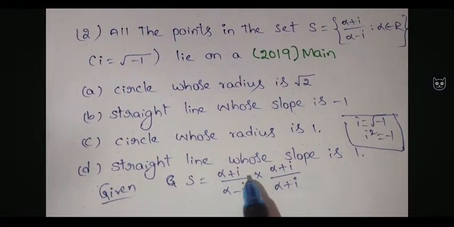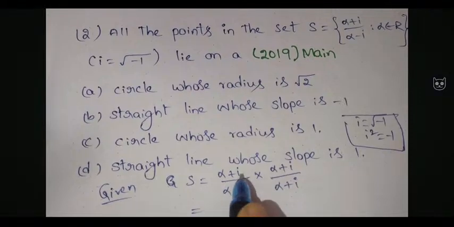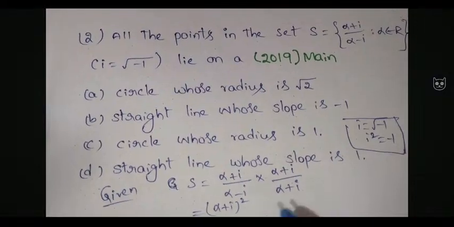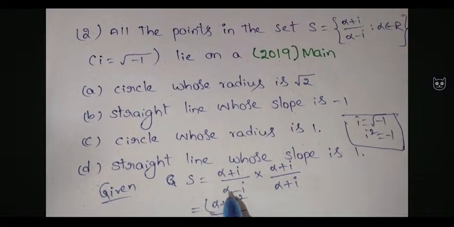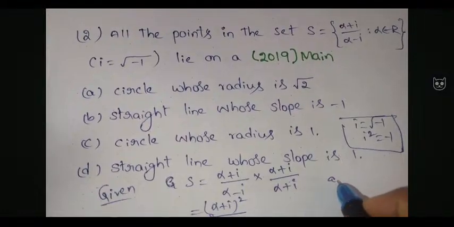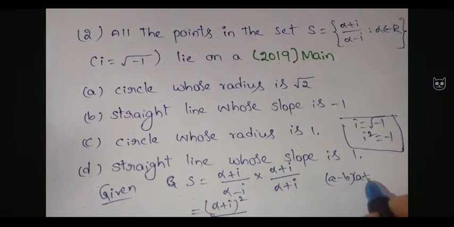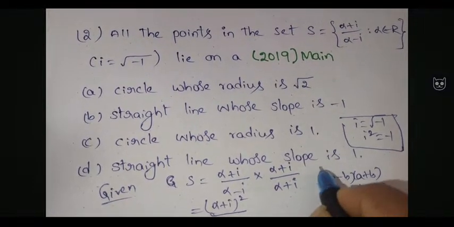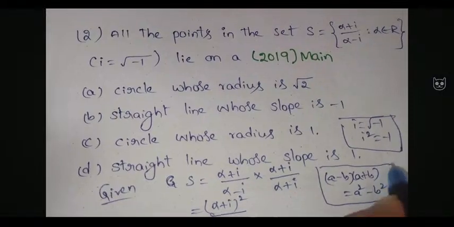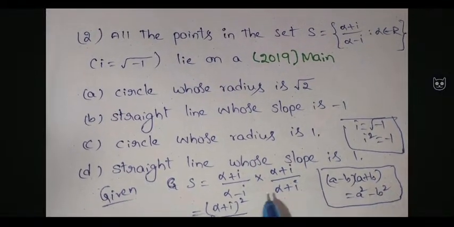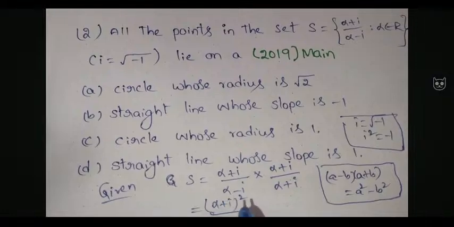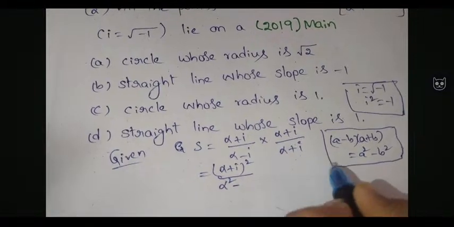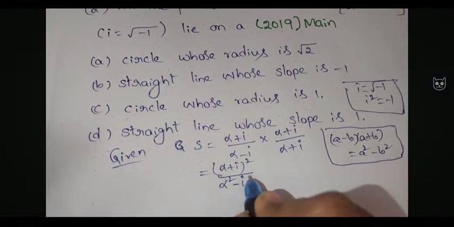Now the numerator is (α + i)(α + i), two times came, so I write (α + i)². The denominator is (a − b)(a + b), and the formula for that is a² − b². So write a² − b²: a is α, so α² − i².